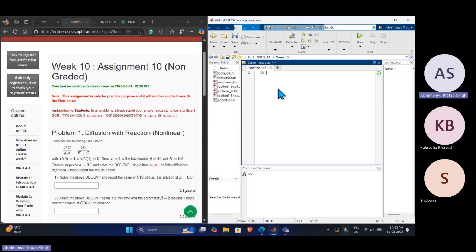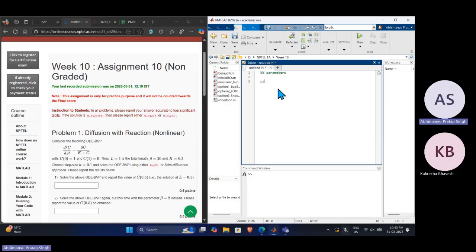So let us first create the parameters. We have two parameters. Param dot beta is equal to 20, and the parameter k is 0.5.